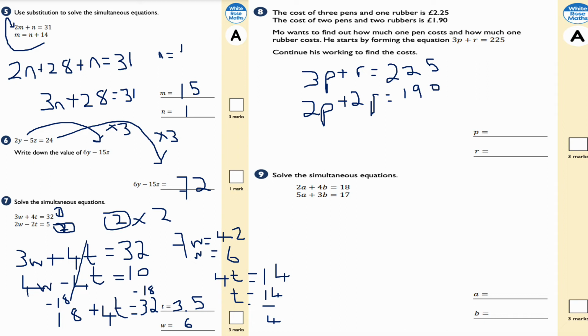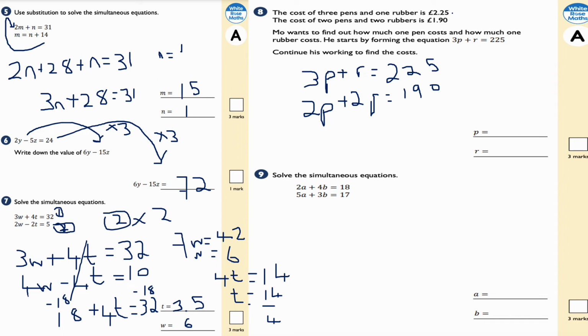Mo wants to find out how much 1 pen costs and how much 1 rubber costs. He starts by forming the equation 3p plus r, which is the first statement, equals 225. Continue his working to find the cost.